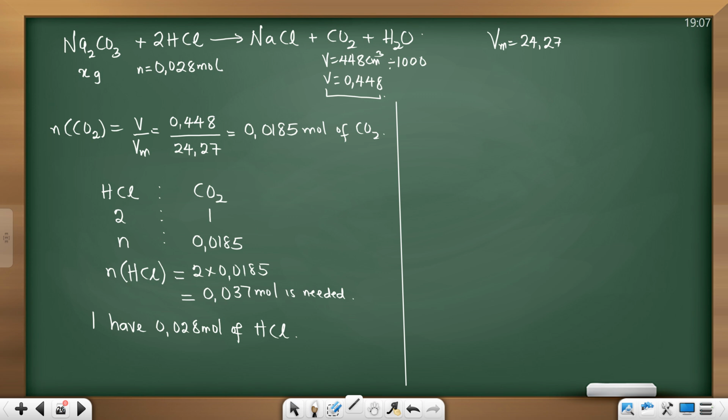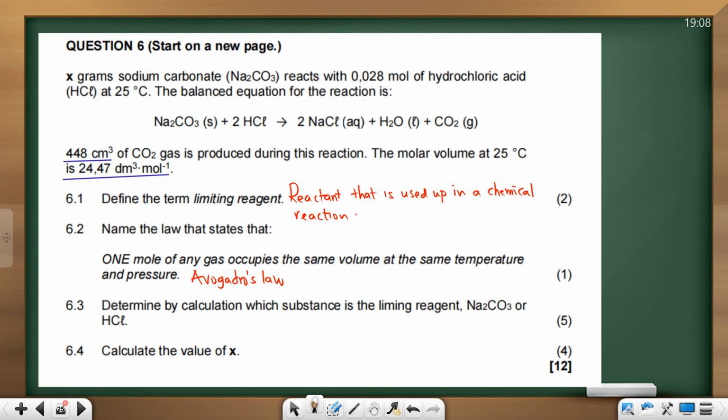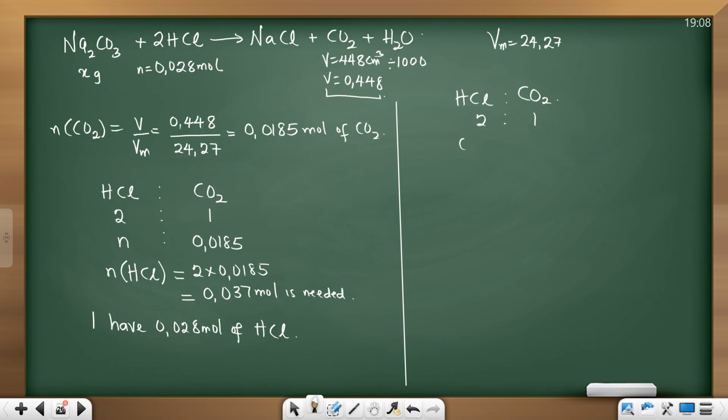Okay, wait, hold on. Before I give you a conclusion, I want us to see it correctly together and be on the same page, right? If I have 0,028, let's use HCl to calculate. So HCl and carbon dioxide, right? 2:1. Are we right with the ratio? Okay. Now, it says we have 0,028 moles of this.